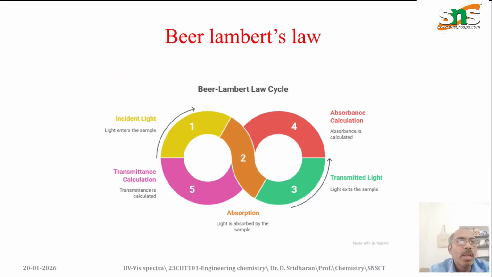The working principle of UV visible spectroscopy is based on Lambert's law. First is the incident light. We pass the incident light through, and the light hits the sample. Second is the absorption. Third is the transmitted light.